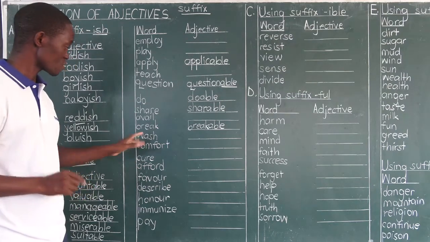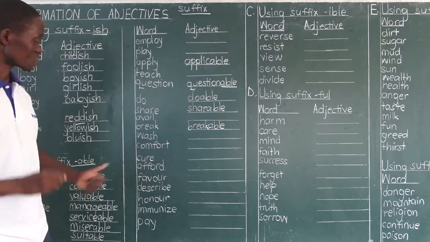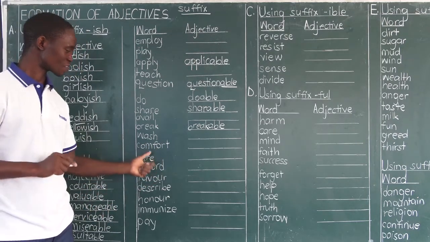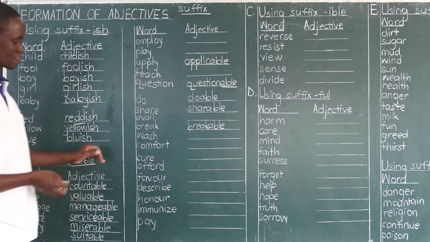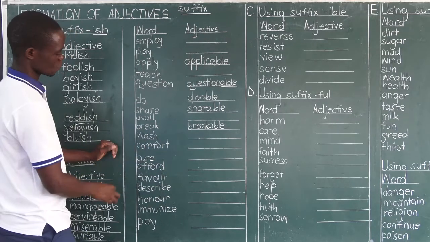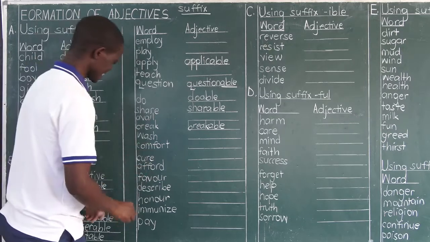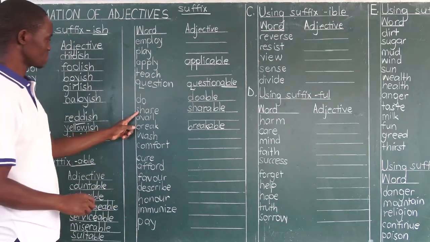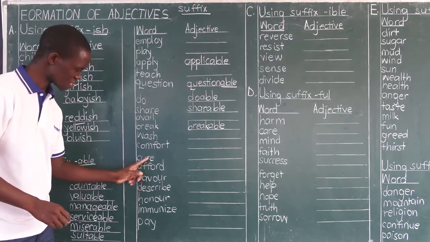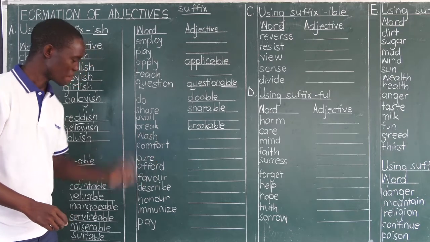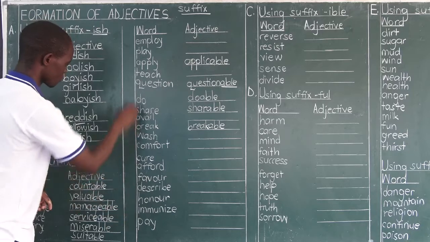Wash, we're going to form the adjective from wash. Comfort, still I trust you can form the adjective from comfort, which is comfortable, a comfortable seat, one that gives you peace when you rest on it. Okay, cure, C-U-R-E, just like share, just like which other word? There's no other word here where we have a consonant and an E at the end, but still we throw away that last E. It's only share in that category in this list.